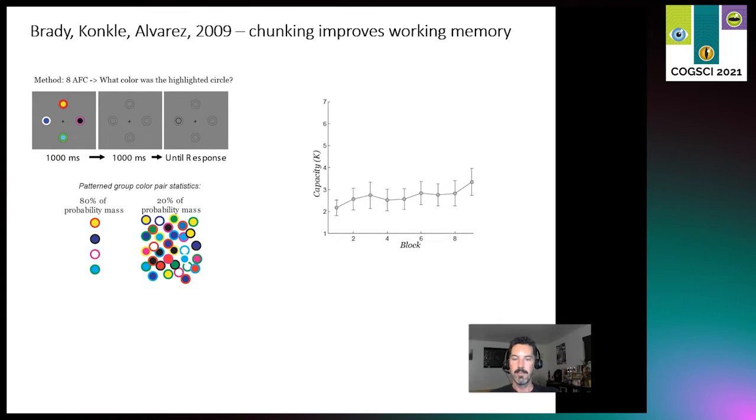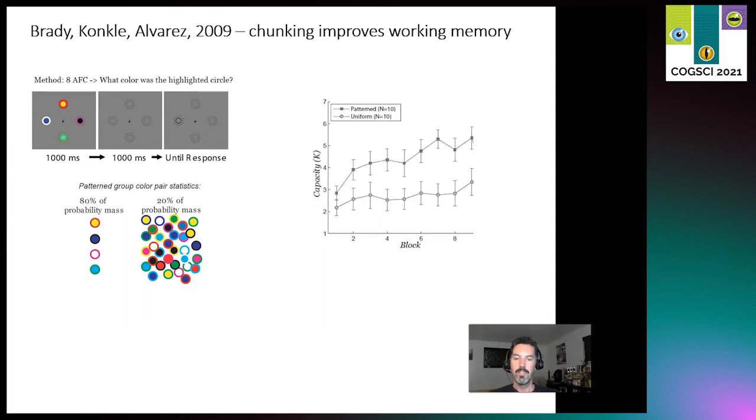In a second, patterned condition, regularities were introduced into the pairings, so that, for example, yellow might most frequently occur inside red and blue inside black, allowing participants to chunk these colors using associations that they learn as they learn the regularities.